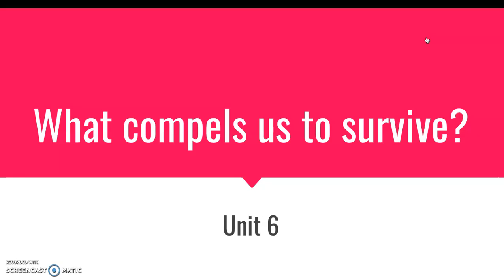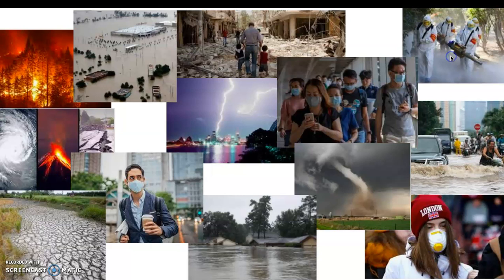While there may be a few that will help us to figure out what is the cause of people's desire to survive, we will also need to make inferences. That means taking clues from the text as well as what we already know and coming up with an inference about why characters are compelled or have a desire to survive. So that is what we're going to be focusing on for this next unit.